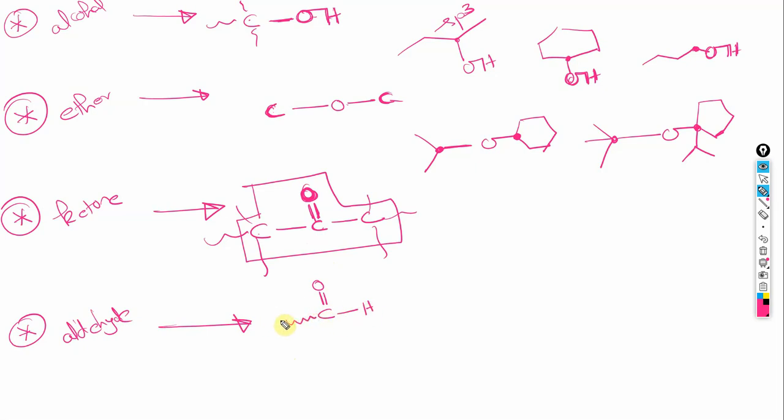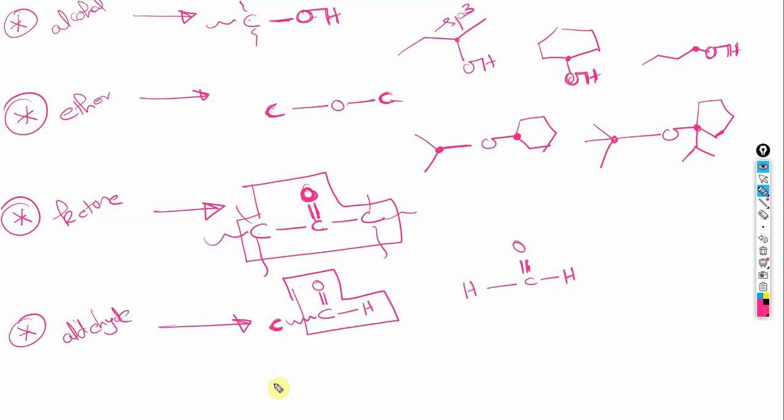So this is still an aldehyde even if you have a carbon on one side, but as long as you have the C double bond O with a hydrogen on the other side, that is an aldehyde. So this is also an aldehyde. This is also an aldehyde, but this is the only possible aldehyde where you have hydrogens on both sides, because this is the only structure possible.